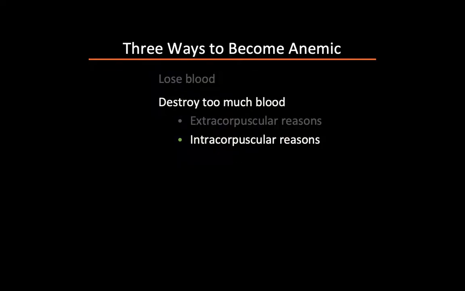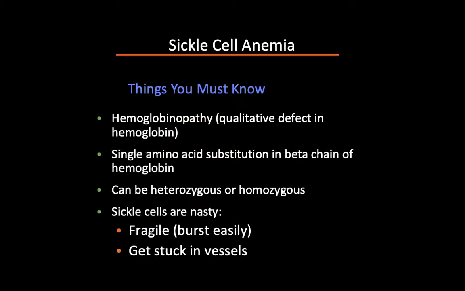Another way to become anemic is to destroy too much blood by intracorpuscular methods. And so this includes, for instance, sickle cell anemia. And things you need to know about sickle cell anemia: this is what's called a hemoglobinopathy, and this is a defect in our hemoglobin. It is a single amino acid substitution in the beta chain of the hemoglobin.